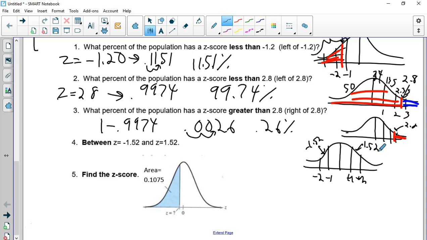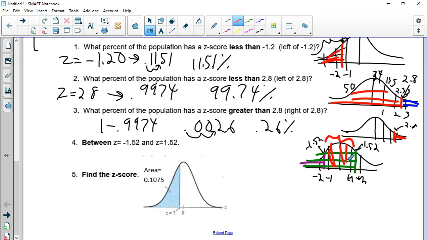So, if we run our numbers, and we find this value, and then we find this value, well, think about it. If I subtract those two amounts, I will find out the overlapping area right in here.